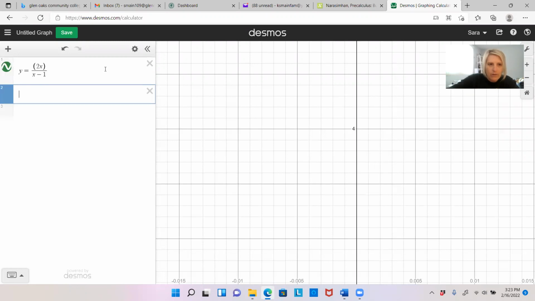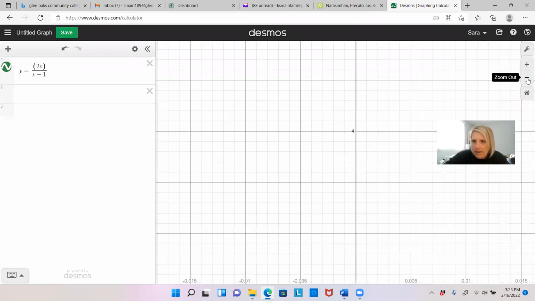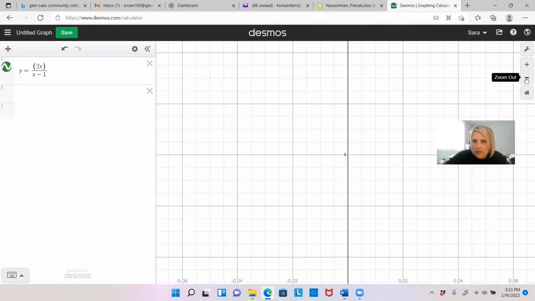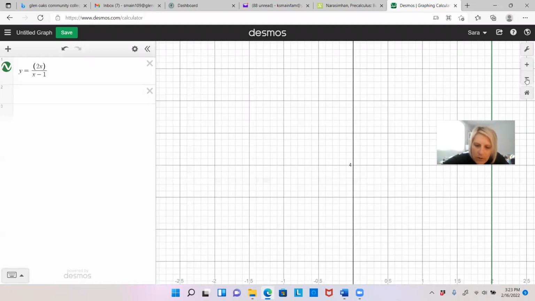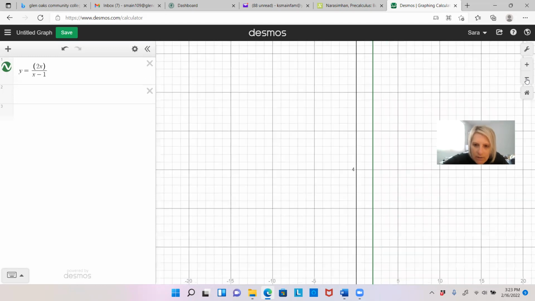That's our first function. And I have to zoom out because I zoomed out so much before.